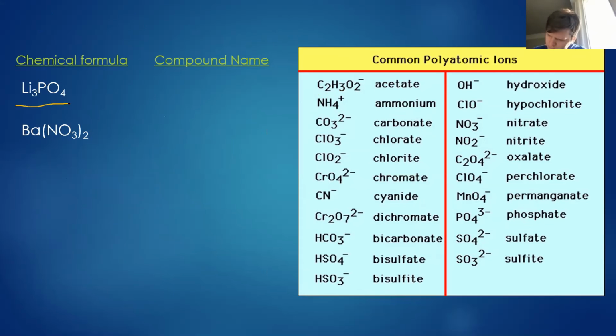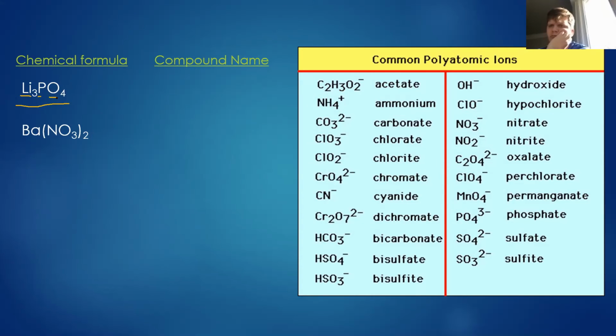Well, if you ever have more than 2 elements present and one's a metal, there's going to be a polyatomic somewhere in there. In this case, I have Li, which is lithium, P, which is phosphorus, and O, which is oxygen. So I have 3 elements present, which tells me something in there is a polyatomic.